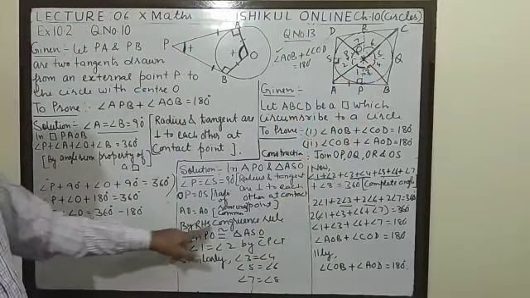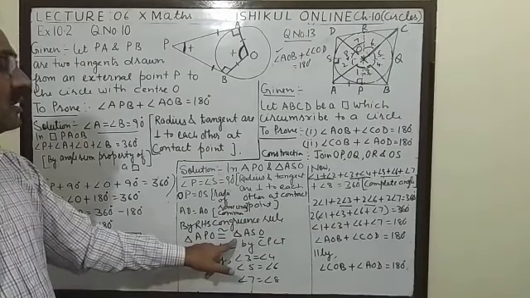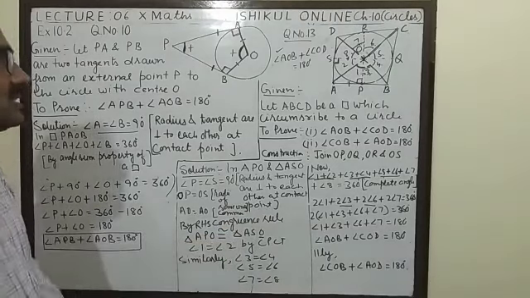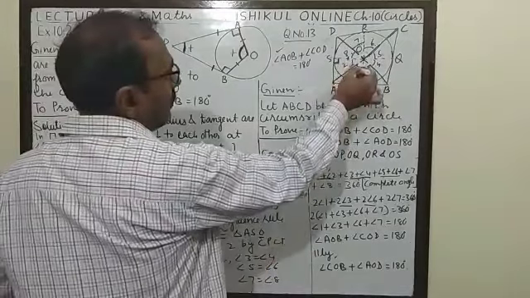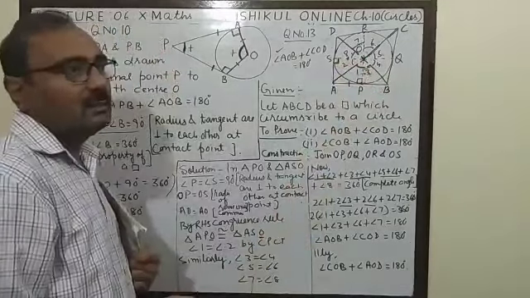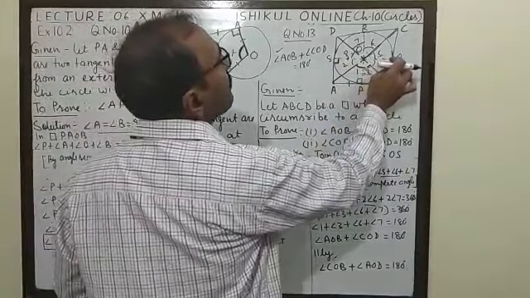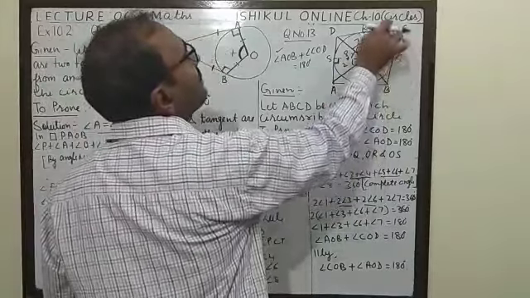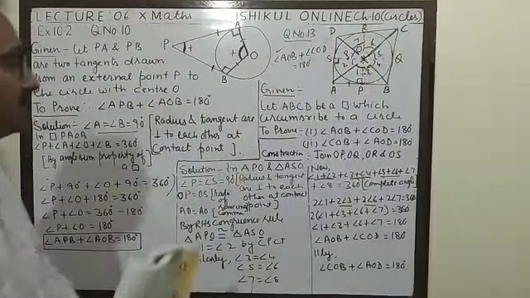By the RHS congruence rule, triangle APO is congruent to triangle ASO, so angle O is equal to O, meaning angle 1 equals angle 2 by CPCT. Similarly, in these two triangles, angle 3 is equal to 4. In these two triangles, angle 5 is equal to 6. In these two triangles, angle 7 is equal to 8.